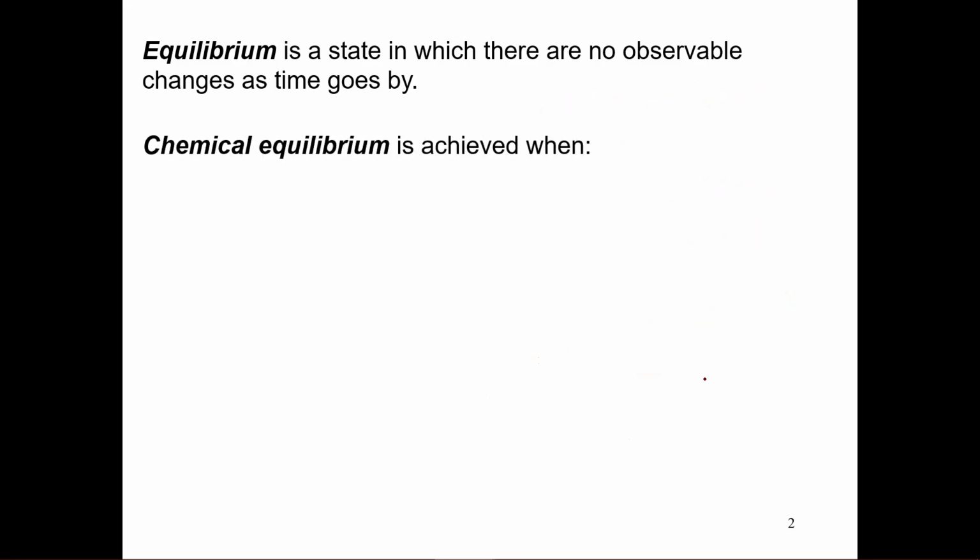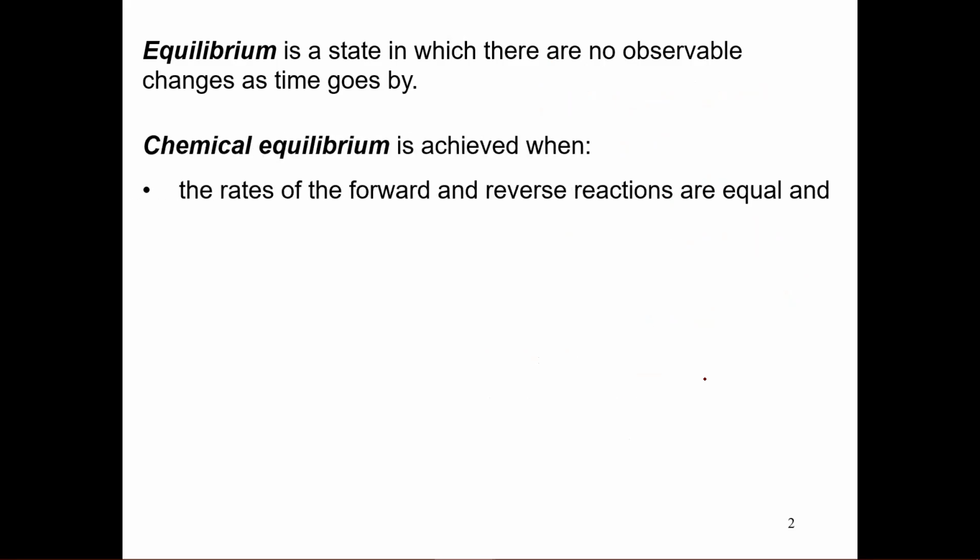Chemical equilibrium is when the rates of the forward and reverse reactions are equal. So for example, calcium carbonate goes this way to form calcium oxide plus CO2, and under certain conditions it'll go back that way as well.